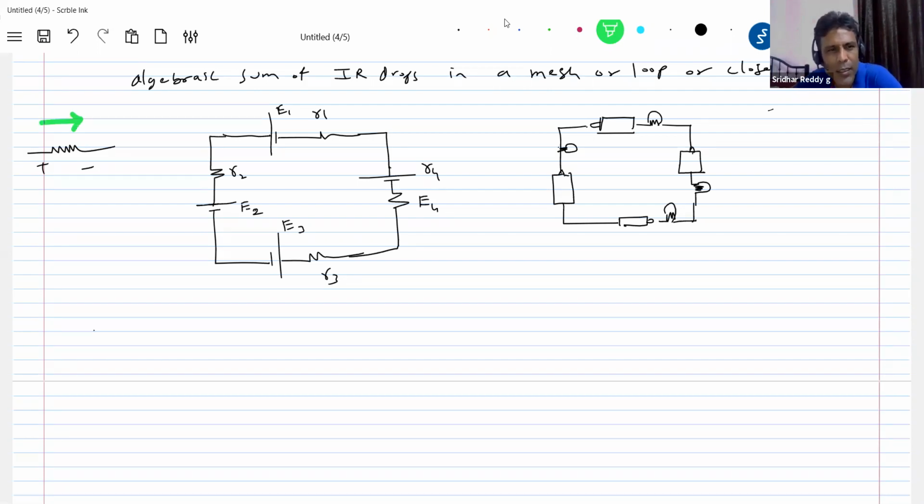What is that green color arrow? It's the direction of traverse here. And I'll take some other color later on.